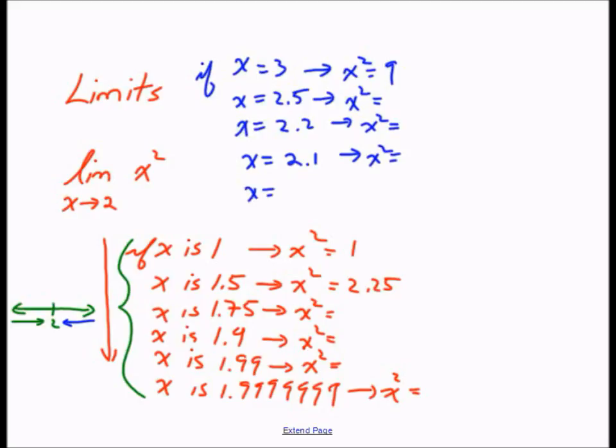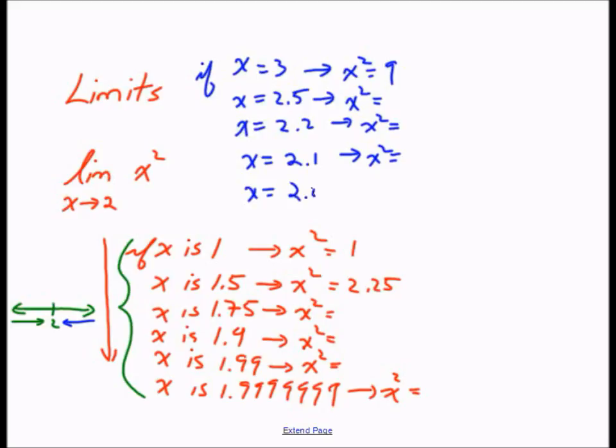We could fill these numbers in and calculate them. But we all know what's going to happen here. We're getting closer and closer to the number 4. Before, I said we're getting closer to 2. That's not true. x squared is getting closer and closer to 4. So as x is approaching 2, x squared is getting closer and closer to 4.